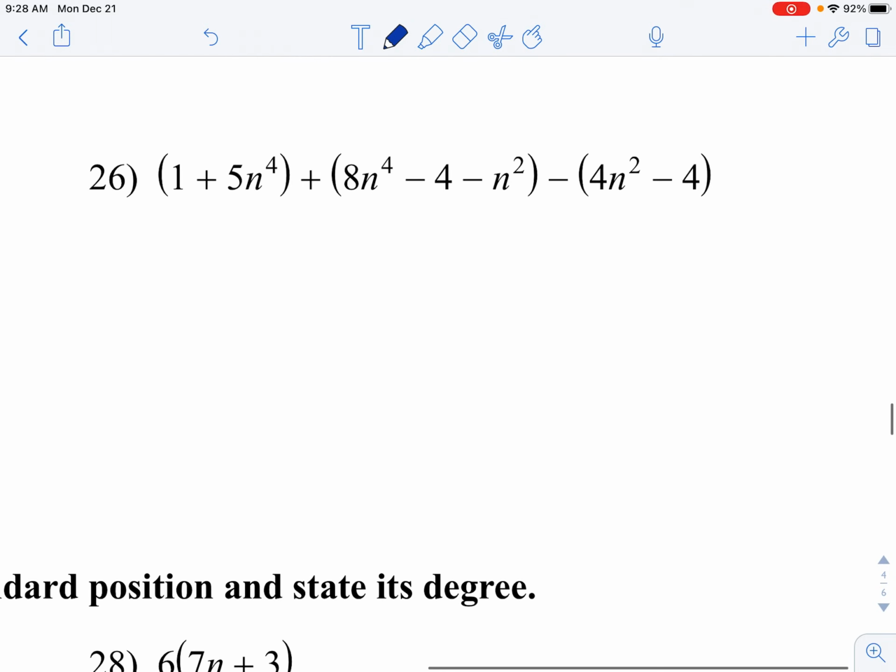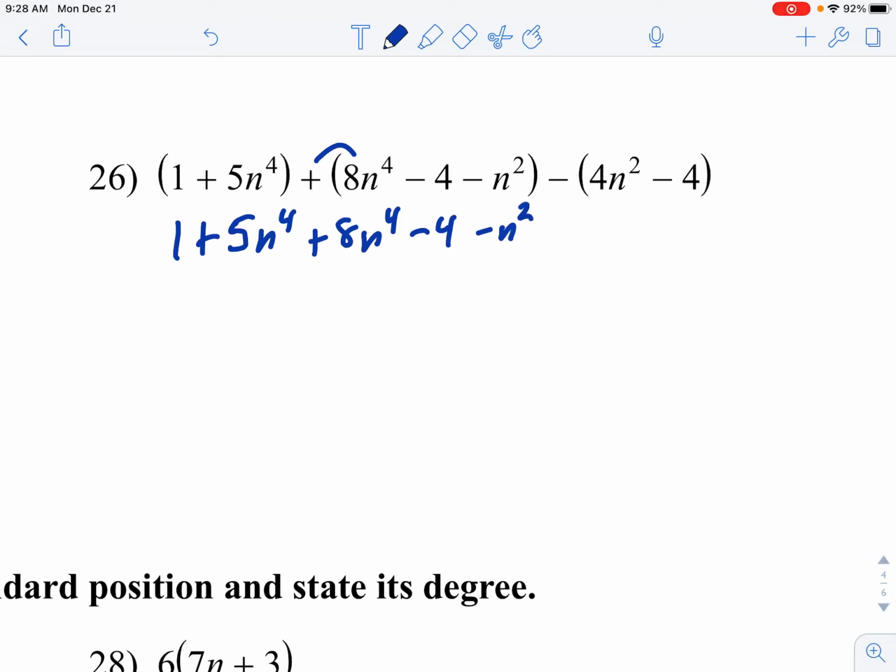Number 26 is just torture. It's the same thing, but more of it. Again, you distribute a plus sign, it really doesn't do anything, so you can just drop the parentheses. But here you distribute a negative sign, it does do something. The double negative turns to a positive. All right, this is my highest power, plus 5n to the fourth, plus 8n to the fourth. That's 13n to the fourth.